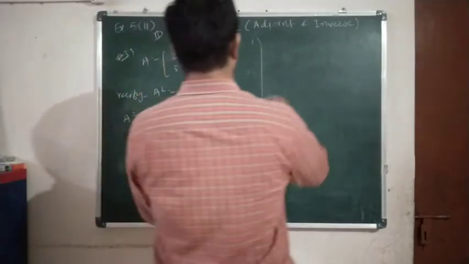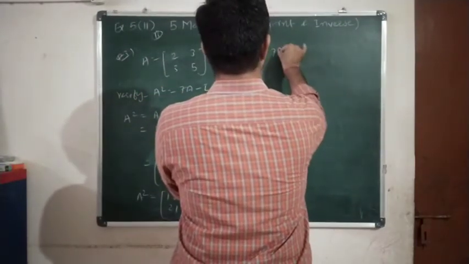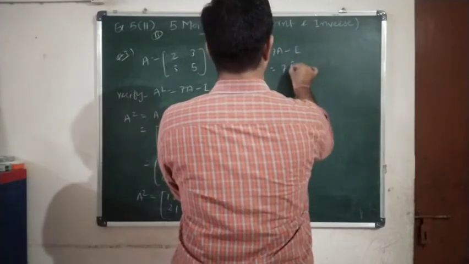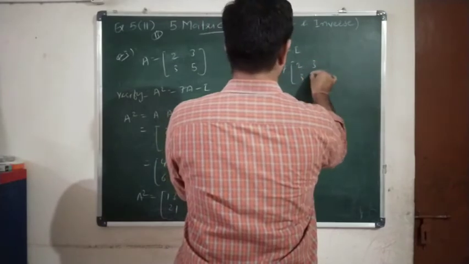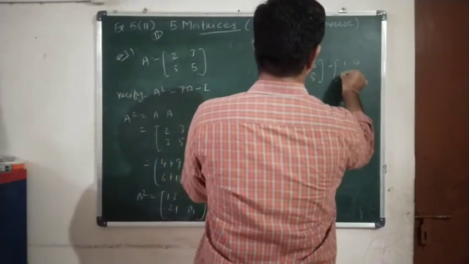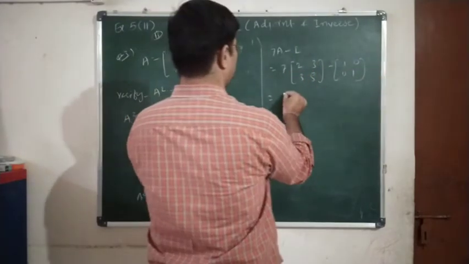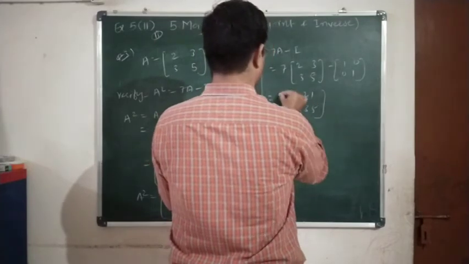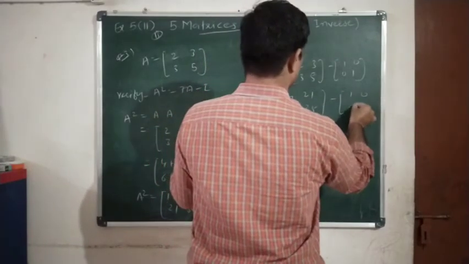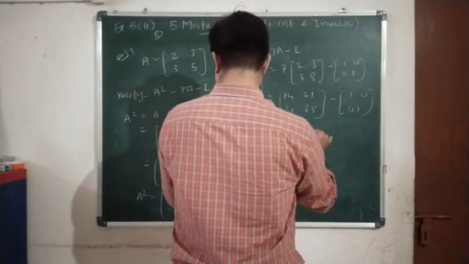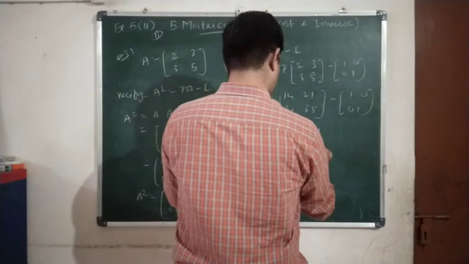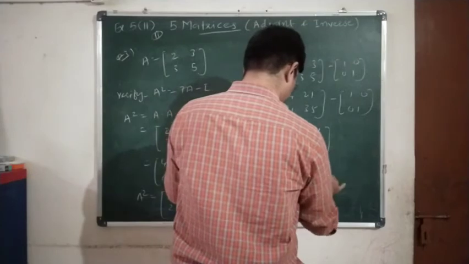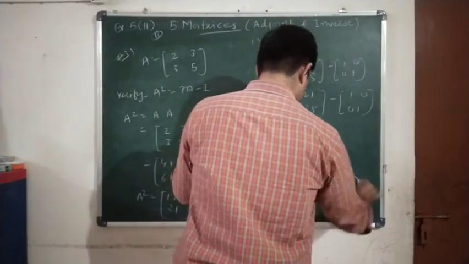Now 7A minus I, 7 into 2, 3, 3, 5 minus I, which is an identity matrix of order 2, 14, 21, 21, 35 minus 1, 0, 0, 1, 13, 21, 21, 34, and hence we got that A square is equal to 7A minus I. Clear?